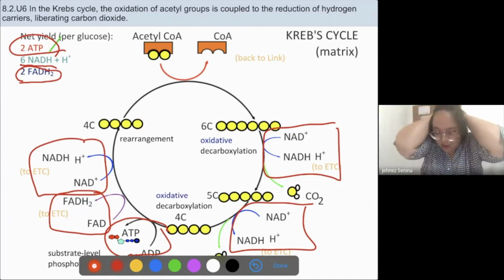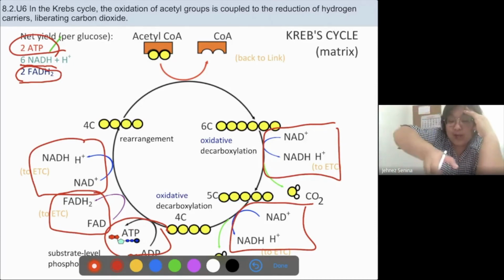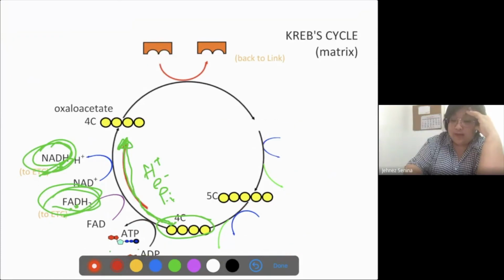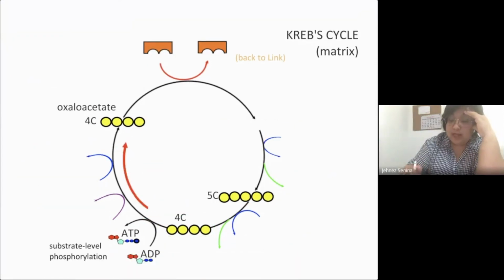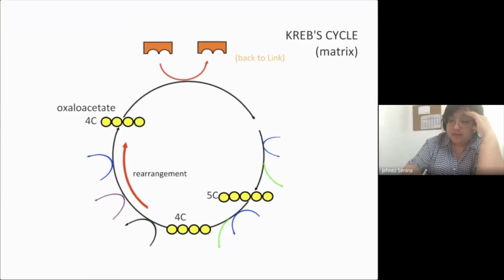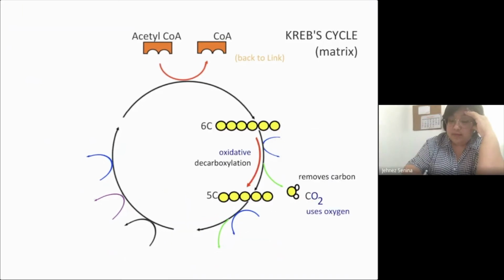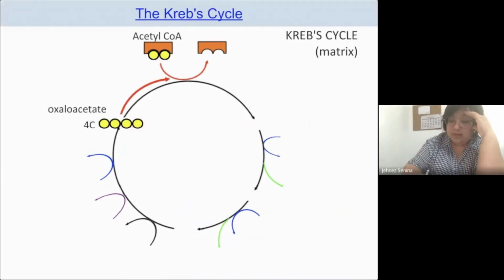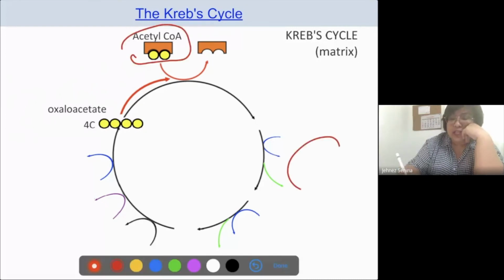Now on your quiz or future test, I'll probably draw a diagram of something. I'm trying to remember my quiz. I remember it was a circle, and I will ask you, where is FADH formed?